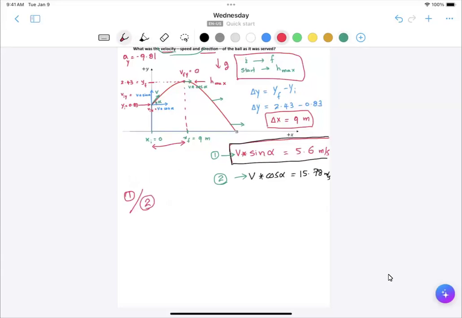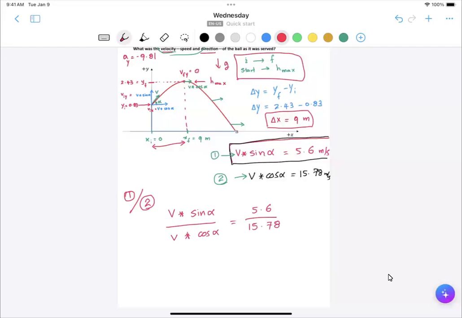There's more than one way to do it, as I showed you in class today. I divide left-hand sides and right-hand sides. So I have v times sine alpha divided by v times cosine alpha equals 5.6 divided by 15.78.